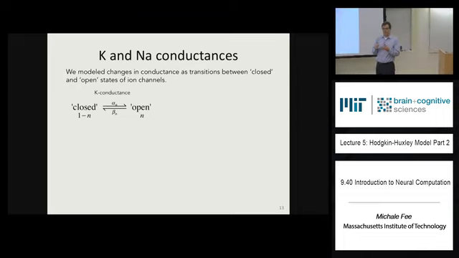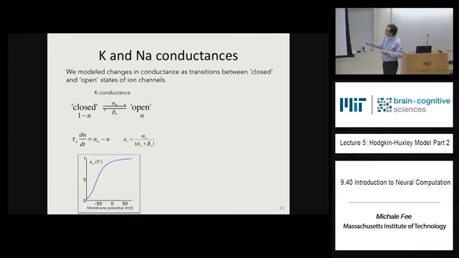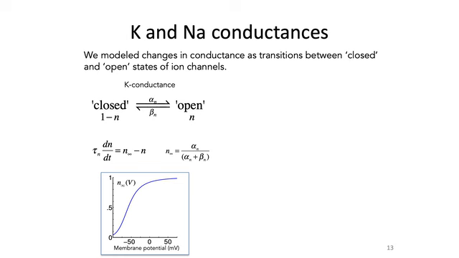For the potassium channel, there are 4 subunits, and all of them have to be open. And we wrote down a differential equation for that gating variable n.